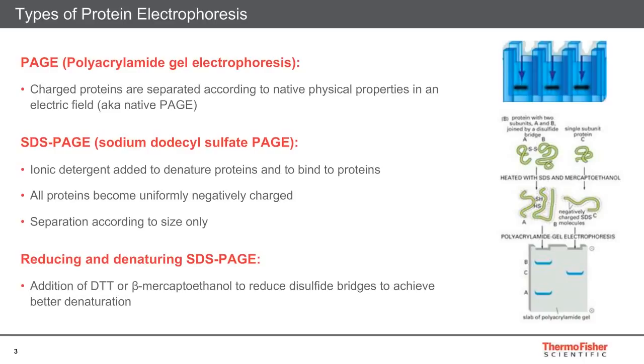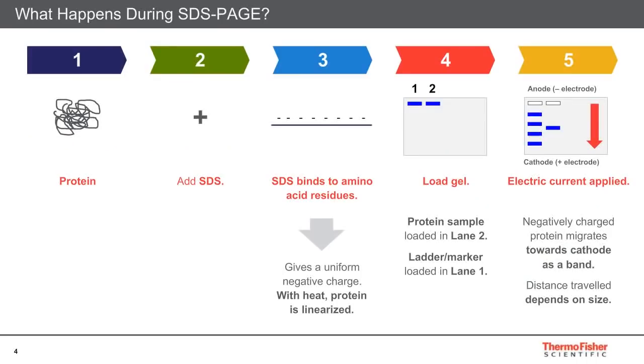The negatively charged SDS molecule then binds uniformly to the entire protein, which results in a separation according to the size of the protein only. The smaller subunits would migrate faster, as shown by subunit A migrating faster than the bigger subunit B, thereby creating a size-based separation on the slab of polyacrylamide gel.